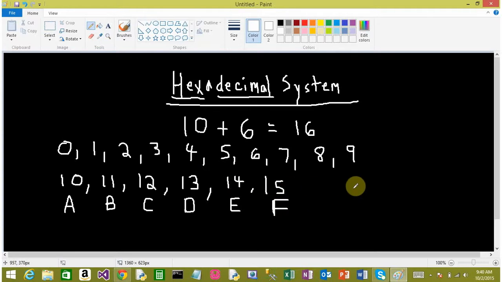So, let's see how we can convert a binary number into a hexadecimal number. Let's say we have a binary number: 1, 0, 1, 1, 0, 1, 0, 1.